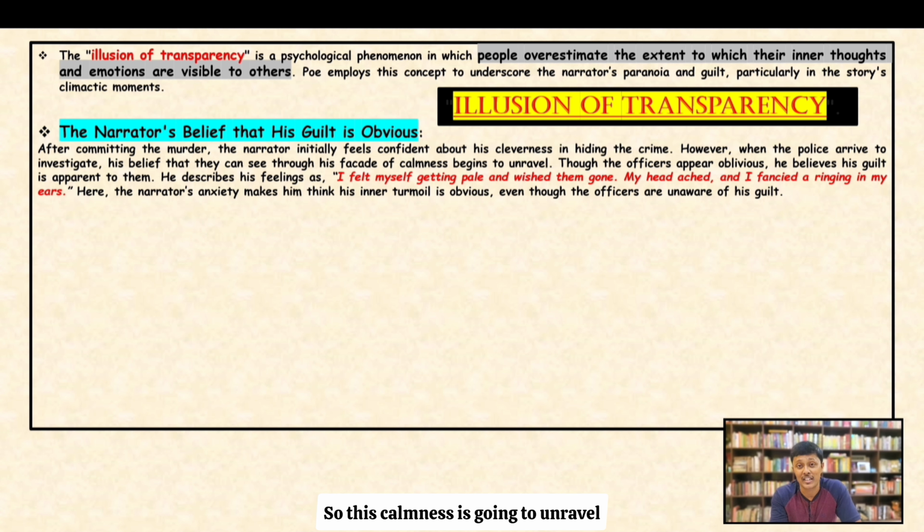So his calmness begins to unravel. Though the officers appear oblivious, he believes his guilt is apparent to them, and he describes his feelings: "I felt myself getting pale and wished them gone. My head ached, and I fancied a ringing in my ears."